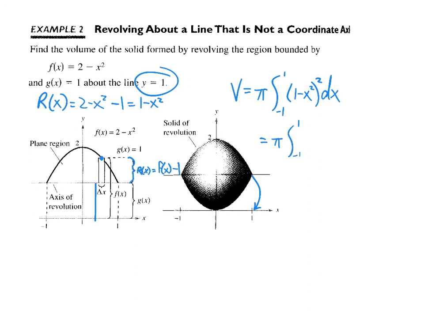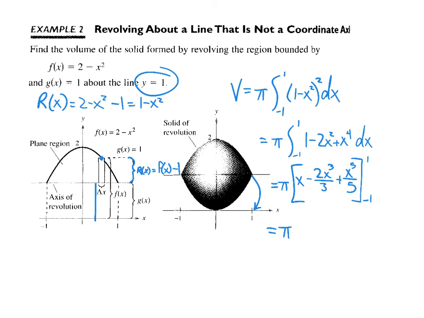Integral from -1 to 1 of 1 minus 2x squared plus x to the 4th dx. So we have x minus 2x cubed over 3 plus x to the 5th over 5, evaluated from -1 to 1. And don't forget the times pi.